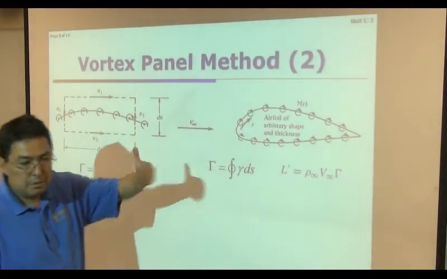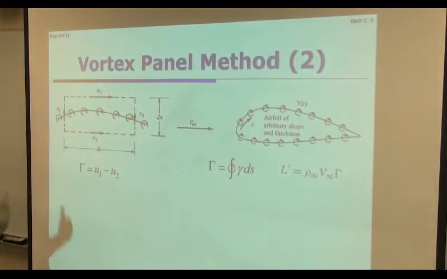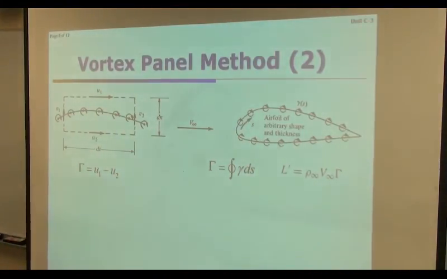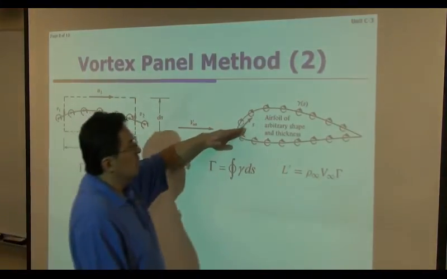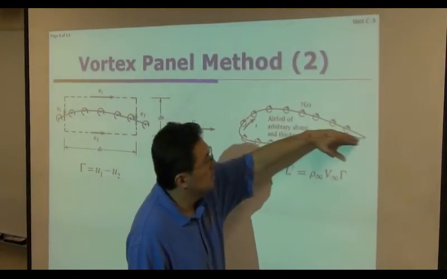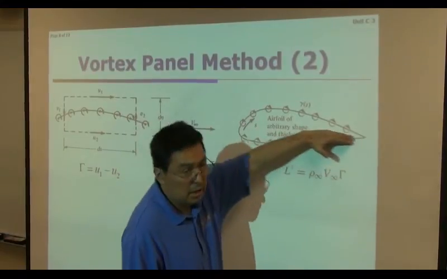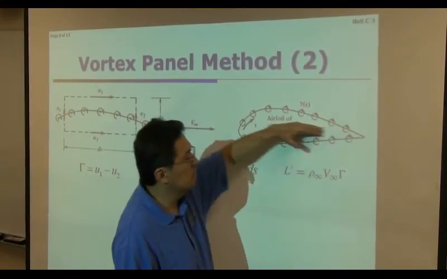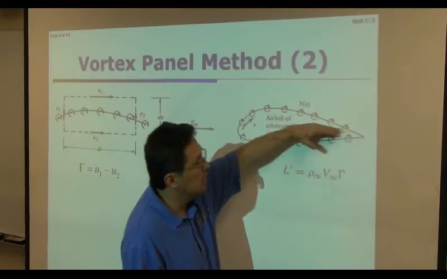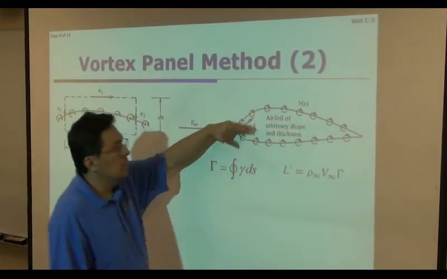We do have a simplified version of vortex panel method which is called thin airfoil. Thin airfoil is you are going to choose mean camber line. Mean camber line is usually curved path if you have a camber.